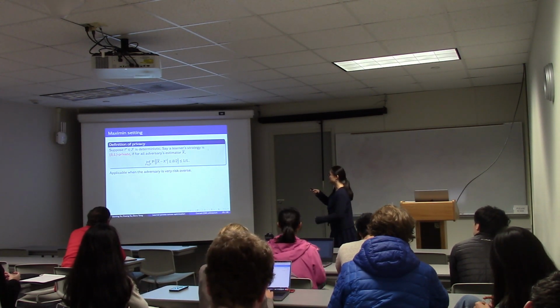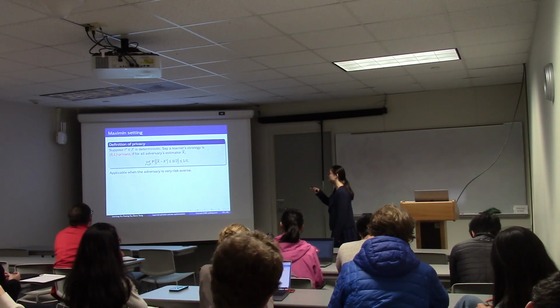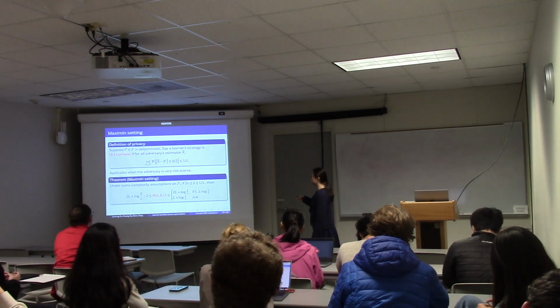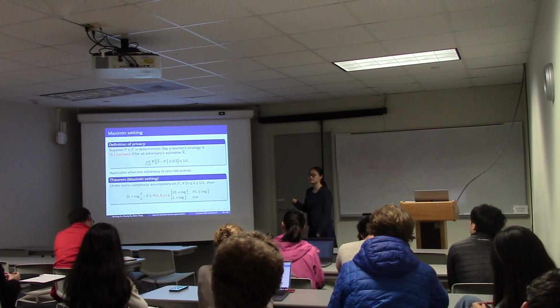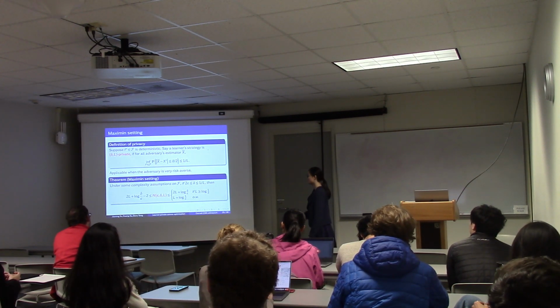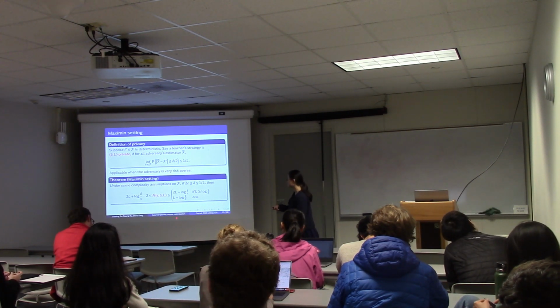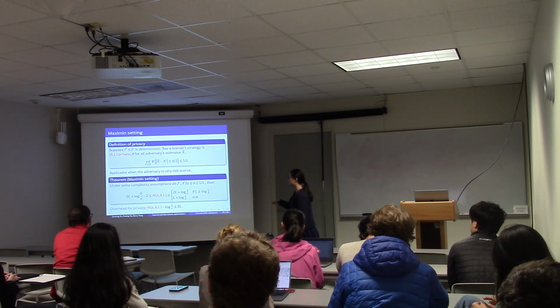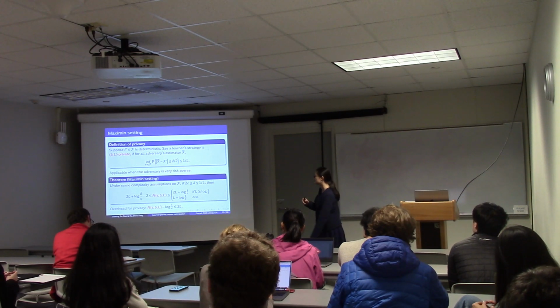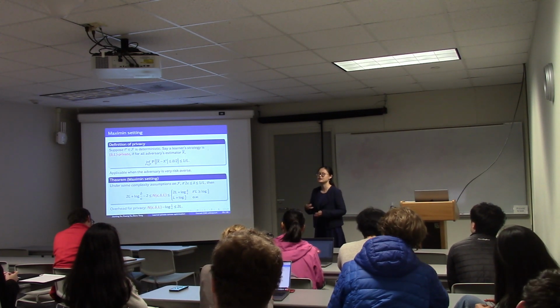And as I was mentioning before, this is more applicable when the adversary is very risk averse. It turns out that in this setting, we see a similar phenomenon as the binary search problem, where the optimal query complexity is much smaller compared to the Bayesian setting. The price you pay for privacy is, again, at most 2L, so it's an additive factor.